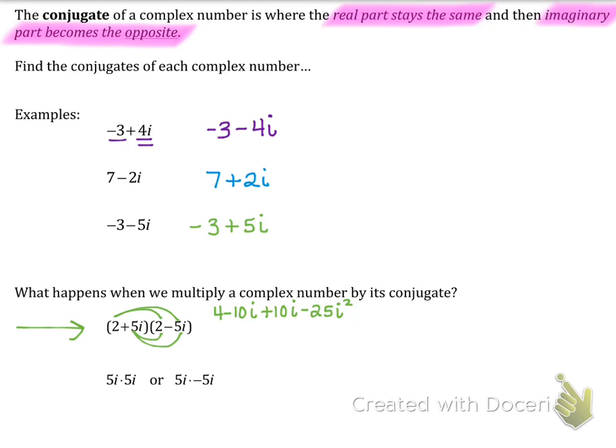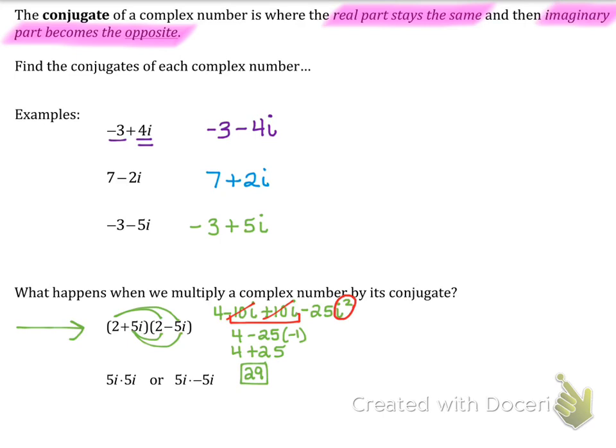So this middle part, I'm going to add those like terms, but they're the same. So they're going to add to give me 0. But then i squared is negative 1. So my next step is 4 minus 25 times negative 1, which becomes 4 plus 25, and my final answer is 29.